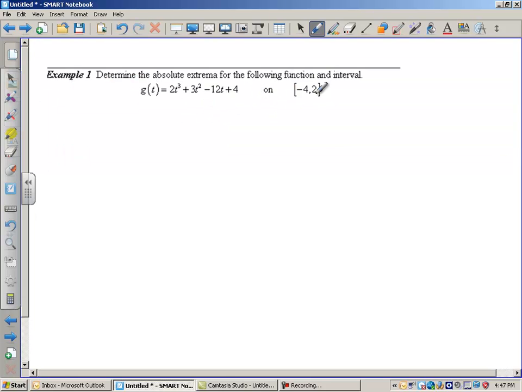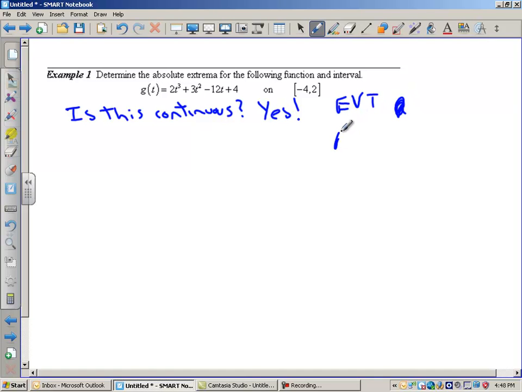I've got a closed interval from -4 to 2. The first thing we're going to look at is, is this continuous? Well, yes, it is, because it is a polynomial, and all polynomials are continuous everywhere. Yes, it is a polynomial. Therefore, the EVT guarantees that we will have an absolute max, and we will also have an absolute minimum.